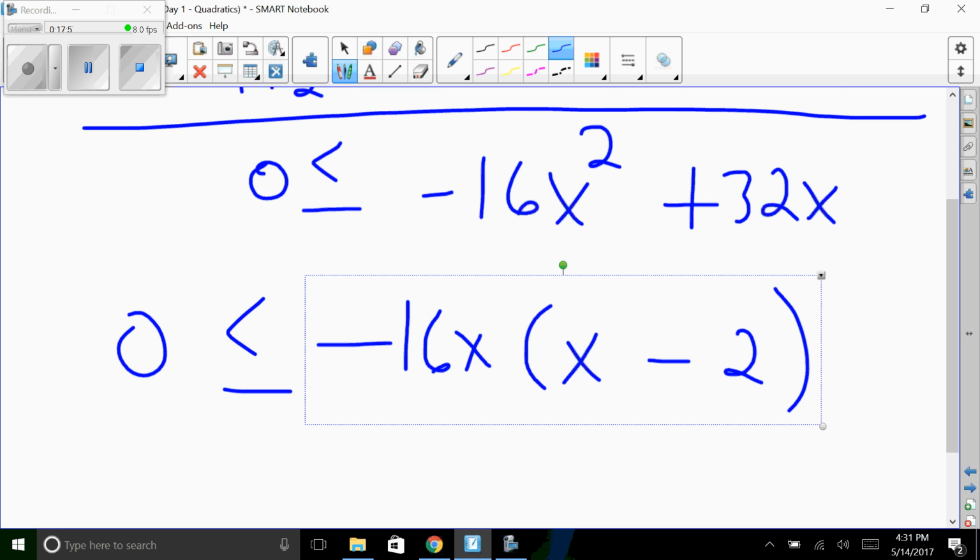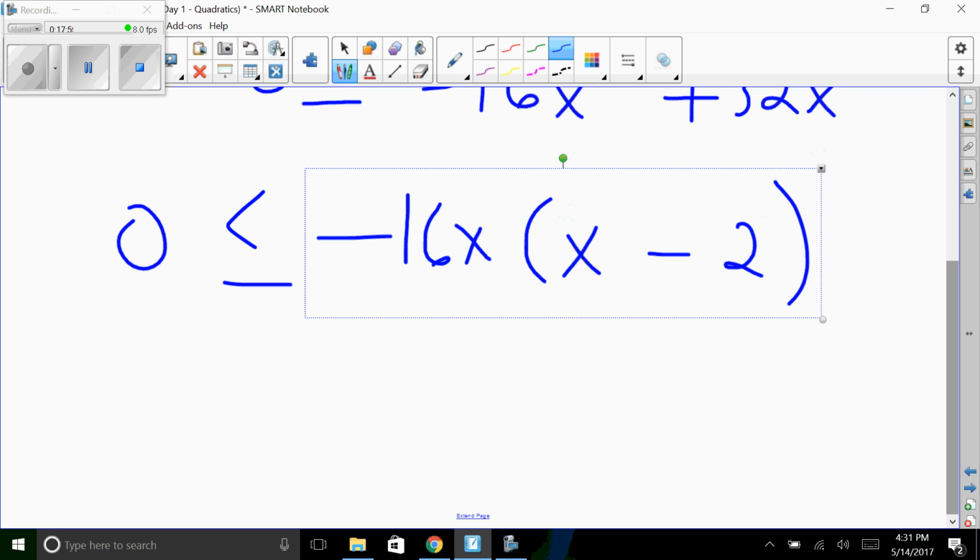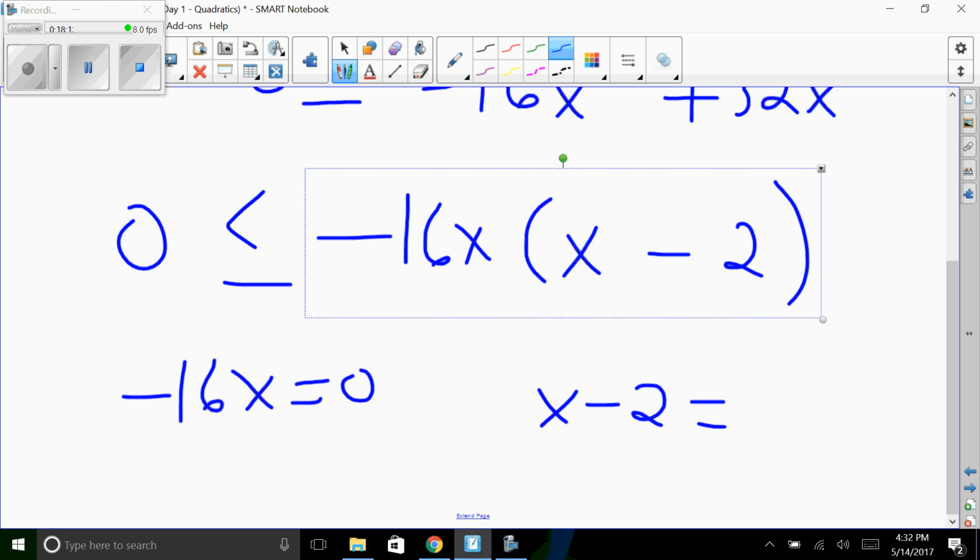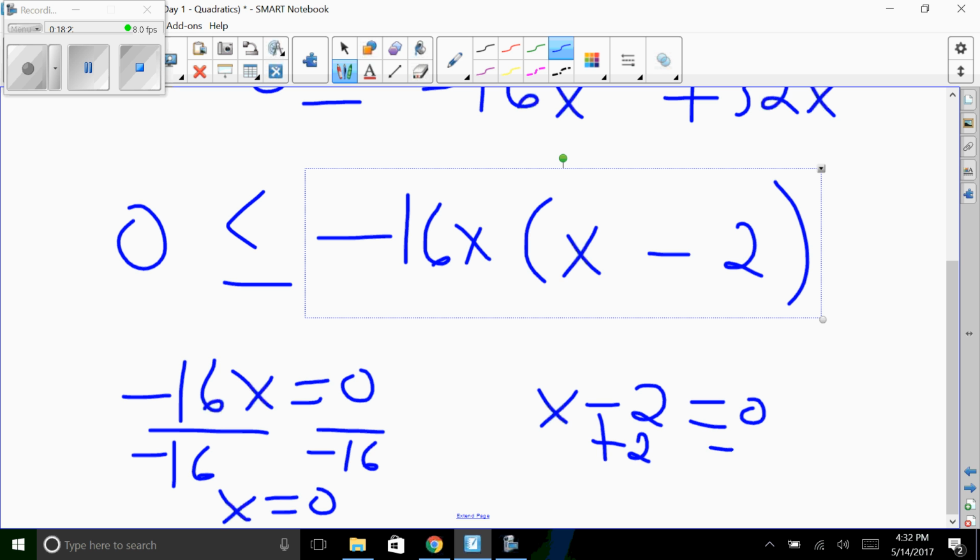So now to find our x-intercepts, or the time intervals at which the rock is above that height, we set each factor equal to 0. So then I divide by negative 16, and I get x equals 0. And then I add 2 to both sides, and I get x equals 2.